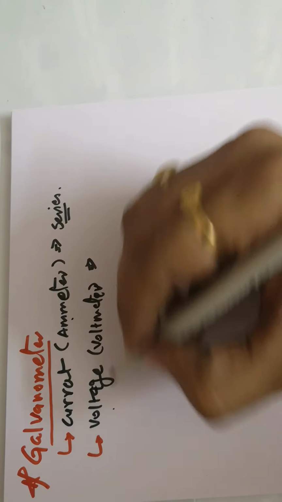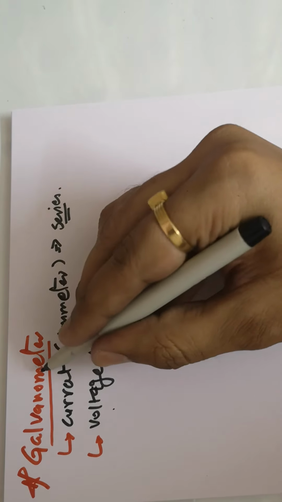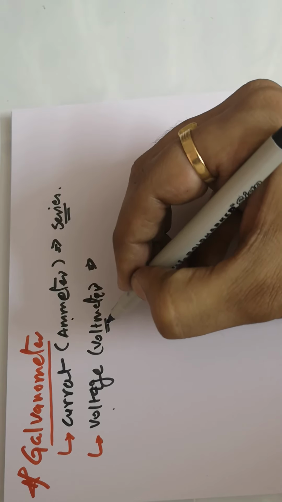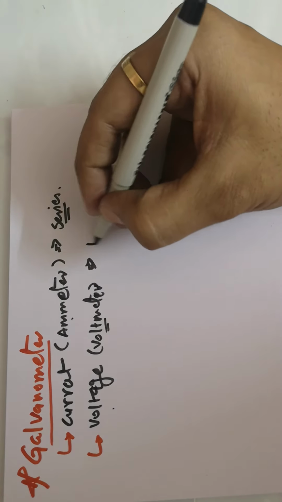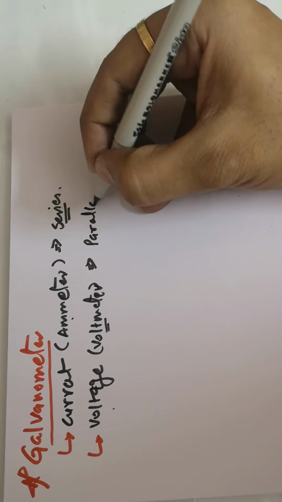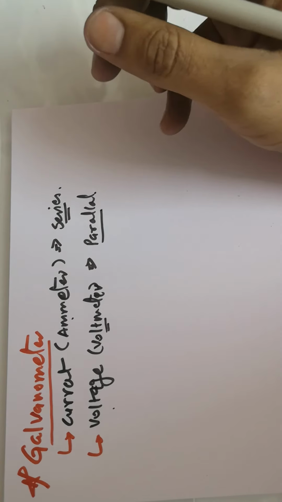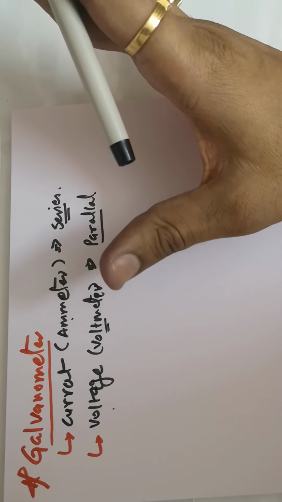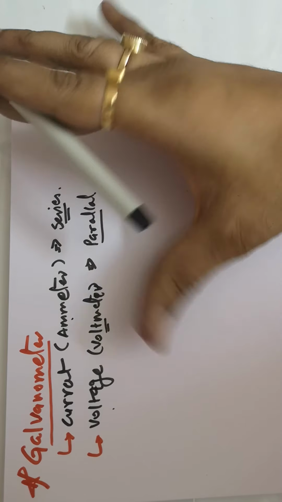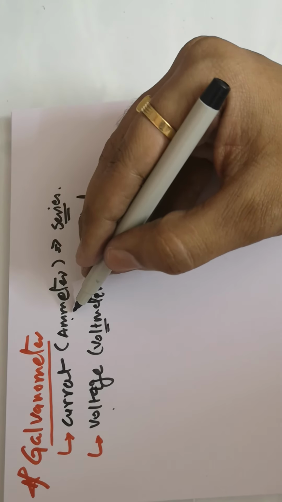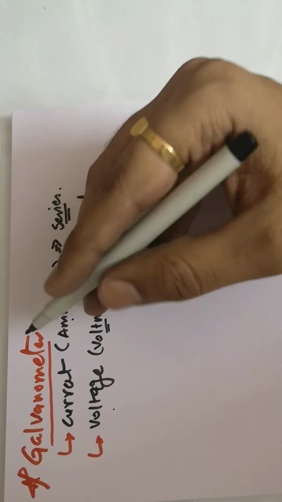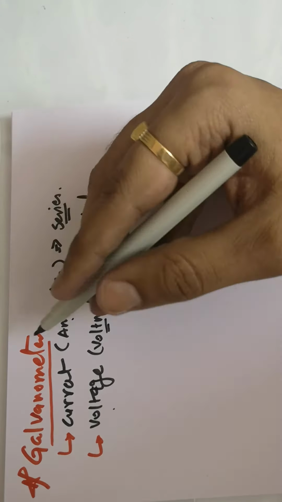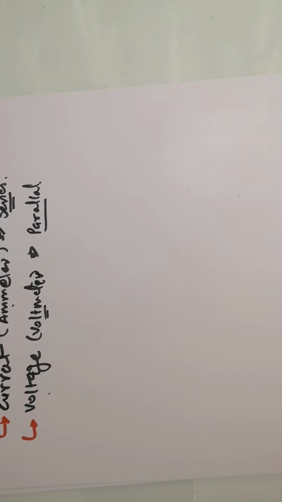Whenever you want to measure voltage, the galvanometer used as a voltmeter must be connected in parallel with your points. These are the primitive questions: what precautions should you take when using an ammeter or voltmeter to measure current or voltage. After this theorem you will be capable of answering such questions.